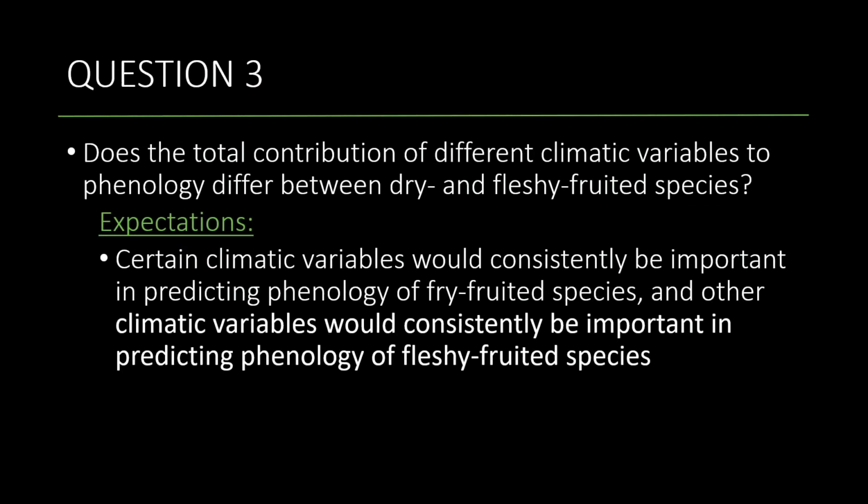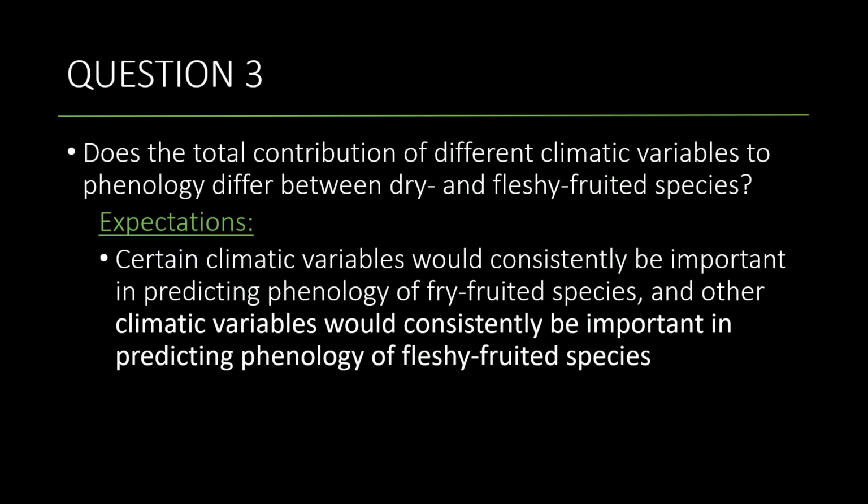And then for the last question, we wanted to know whether the total contribution of different climatic variables to phenology differ between dry and fleshy fruited species. So here we just expected that, for example, if you have a fleshy fruited species and the temperature in winter is important for one species, it would be important for other species also.